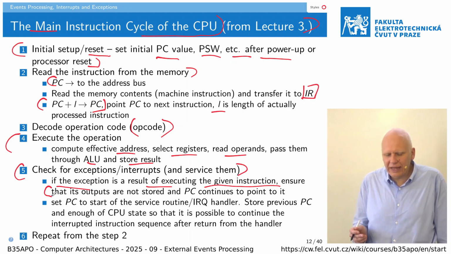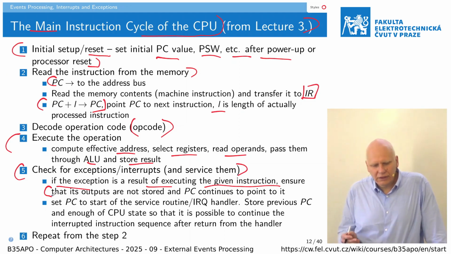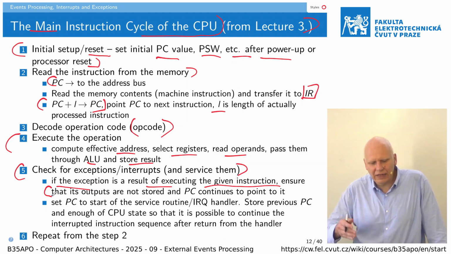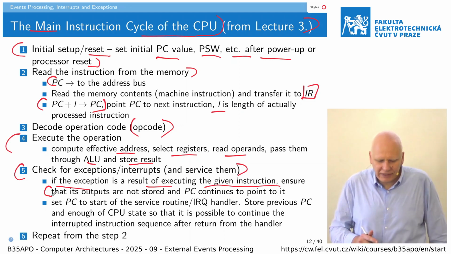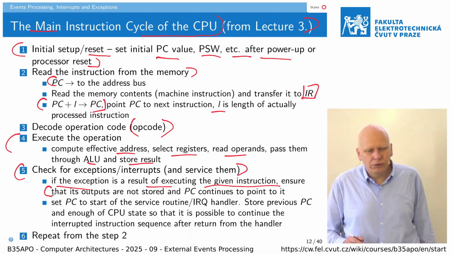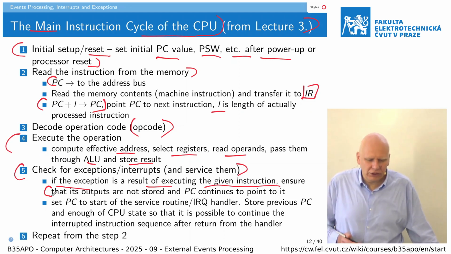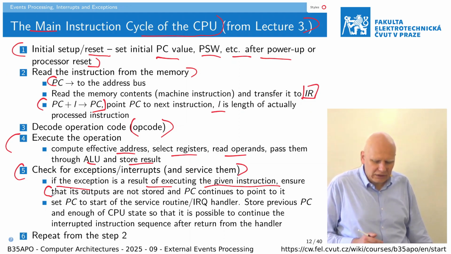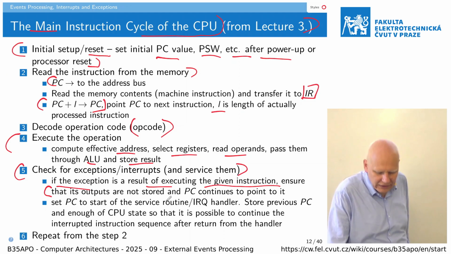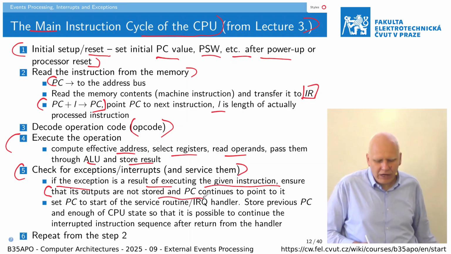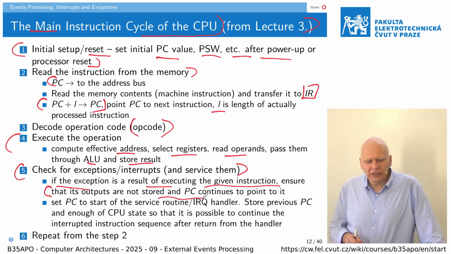So if we can ensure that, we can store the state before the start of that instruction, then we can try to repair the situation, to correct the conditions, and maybe restart the instruction later. So in this case, we store a program counter pointing at the start of such instruction.